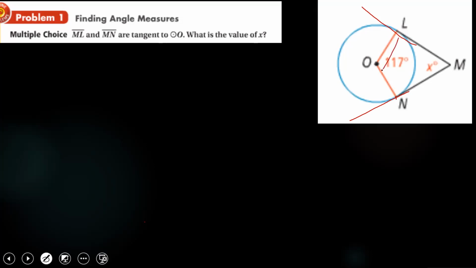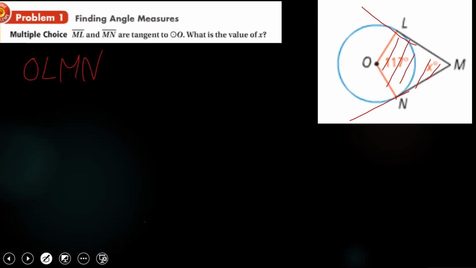Now look at this shape here. Is it a triangle or a polygon, or what is this shape? Look at OLMN. It's a kite. So it is a quadrilateral.